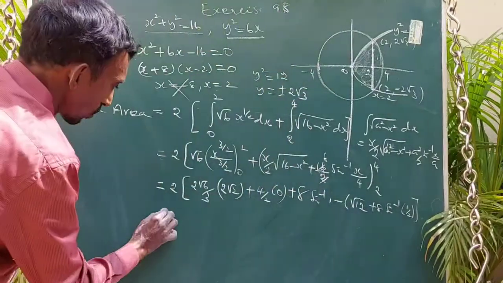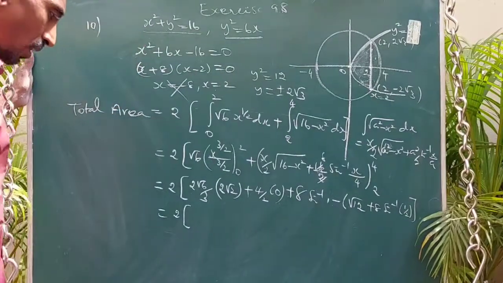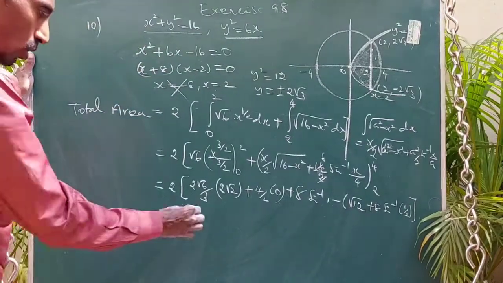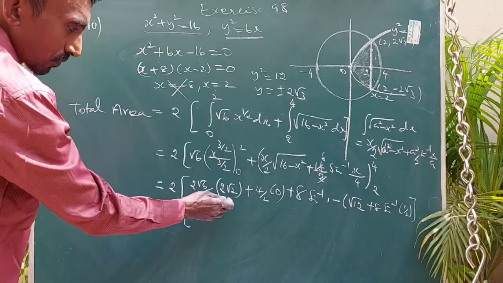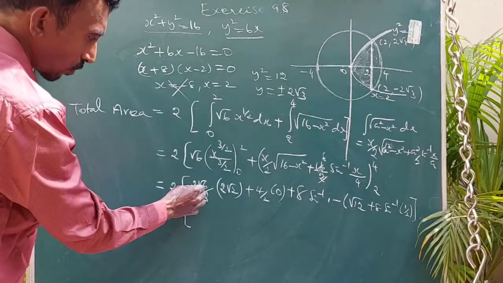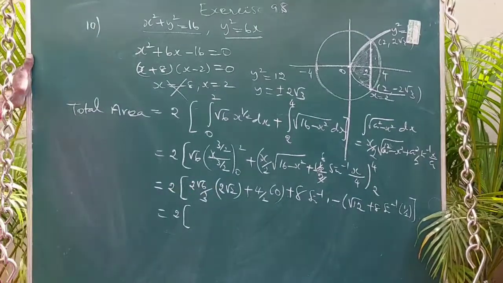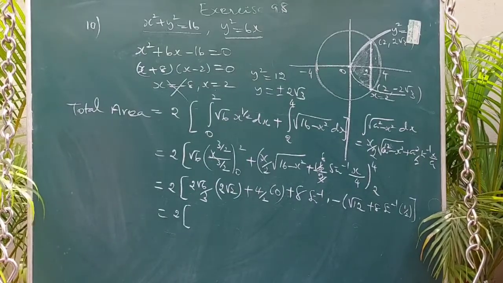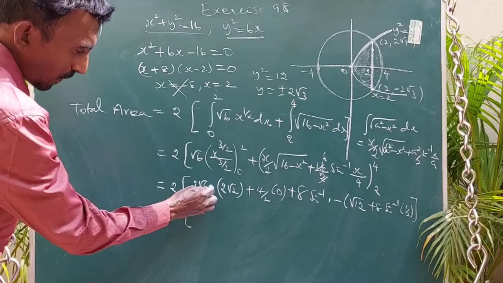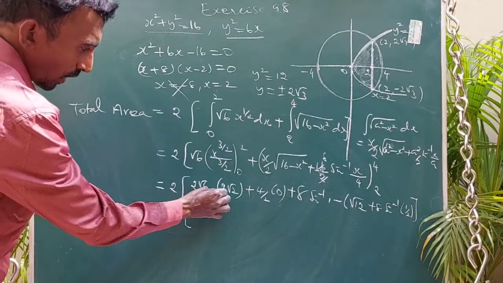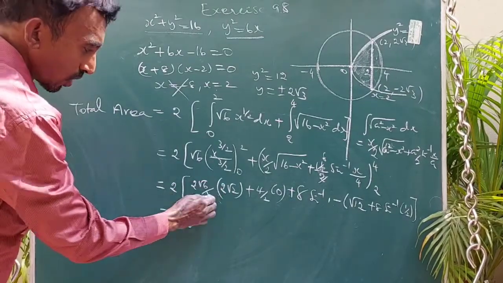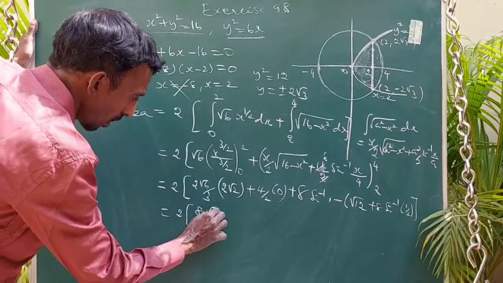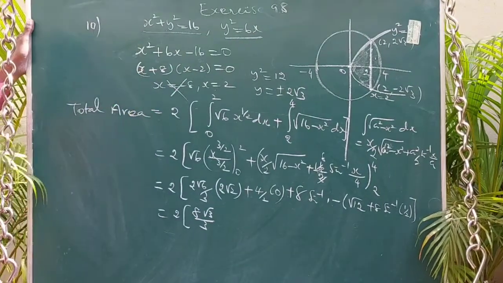So 2 into multiply inside, so 2 into 2, 4, this root 6 can be written as root 2 into root 3. Root 2 into root 3, so it becomes 2 into root 2 into root 2, so it becomes 8 into root 3 by 3, I am writing directly.